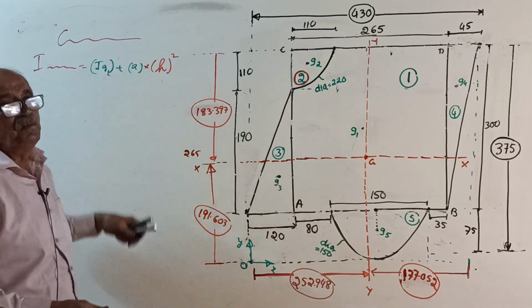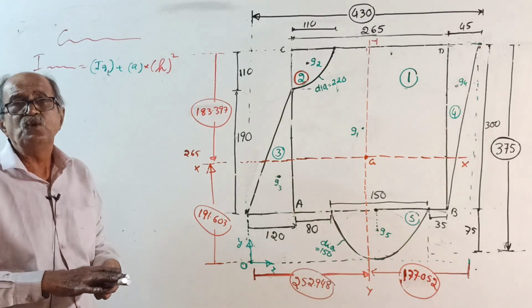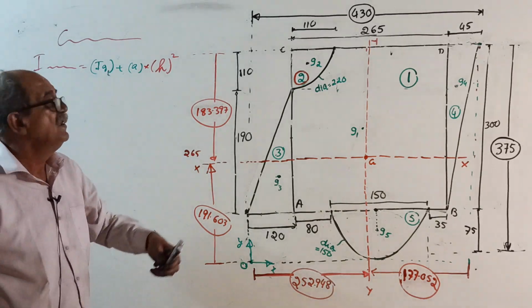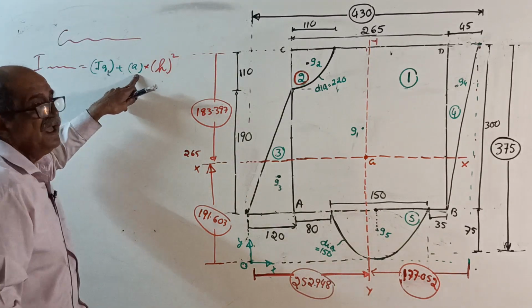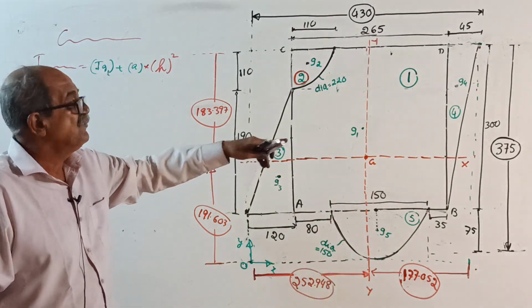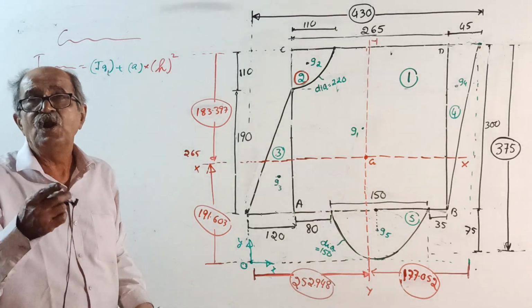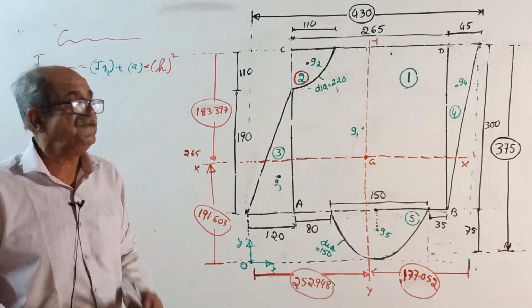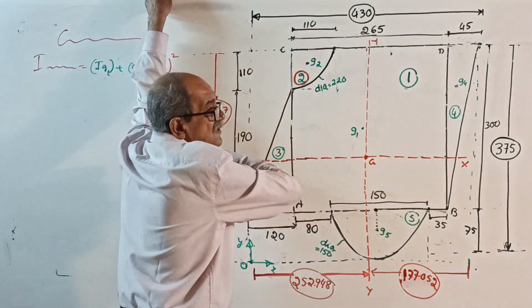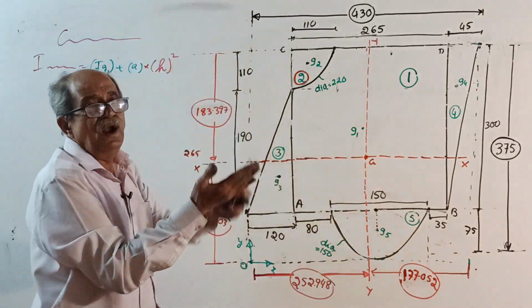What is Ig? Moment of inertia about its own centroidal axis parallel to the required axis. A is area, h is the perpendicular distance from the centroid of the component considered to the required axis. Now, when you do about the x-axis, all distances are vertical.